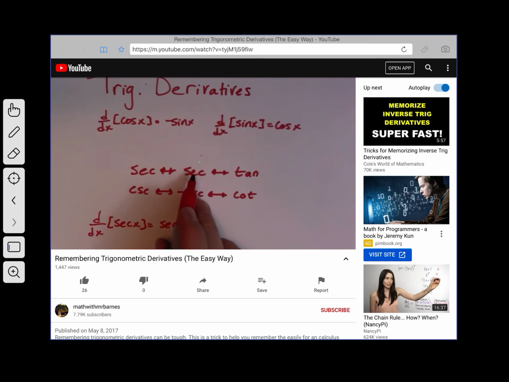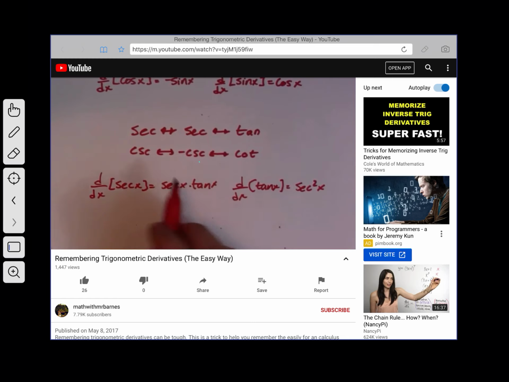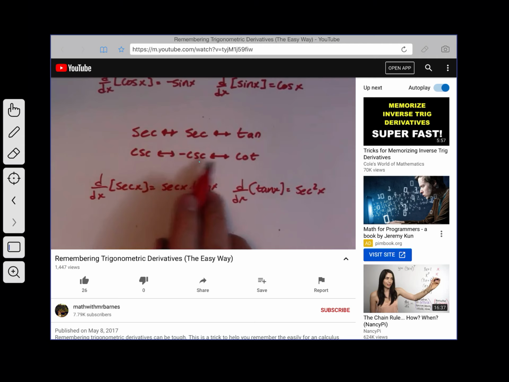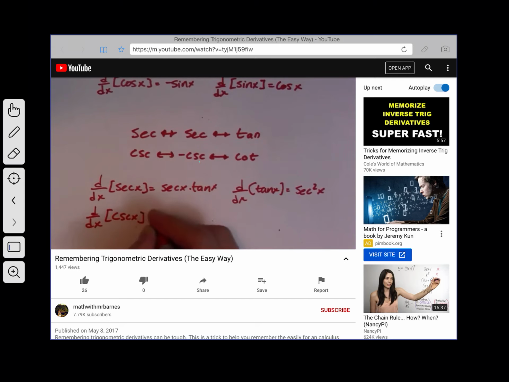So the derivative of secant is secant tan, and then the derivative of tan x is just go the other way. So secant times secant, which is secant squared x, just like that. So it works the same for this guy. The derivative of cosecant x is negative cosecant x cotan x.